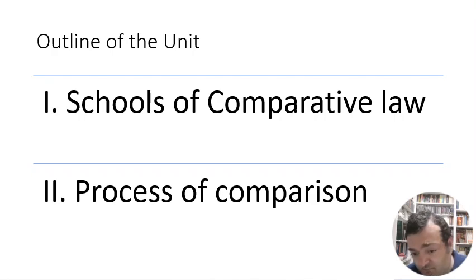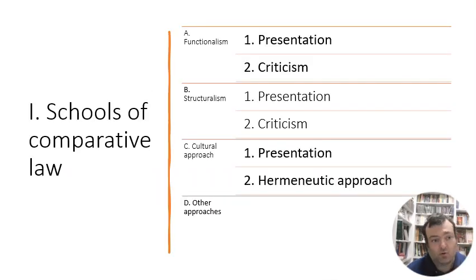In another lecture, another video, we will talk about the process of comparison. So today our discussion will be about the schools of comparative law or approaches. Perhaps approach is a better word than school.